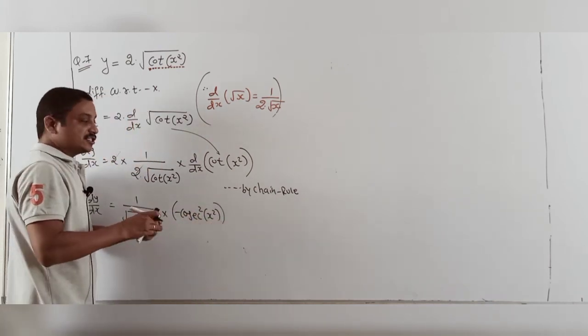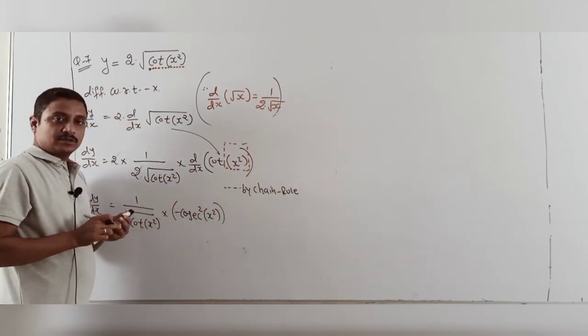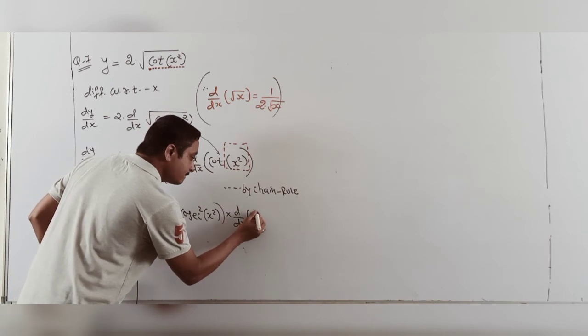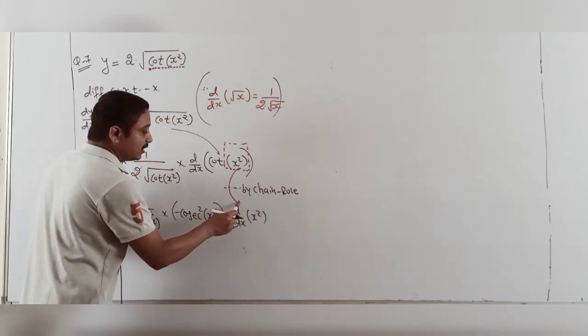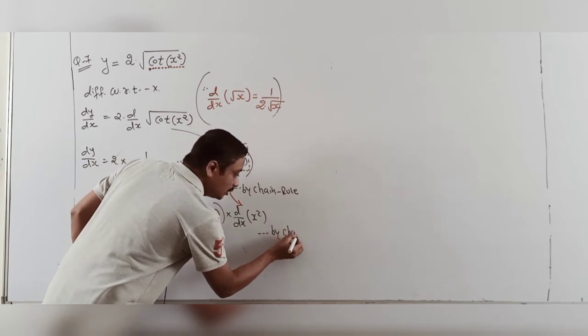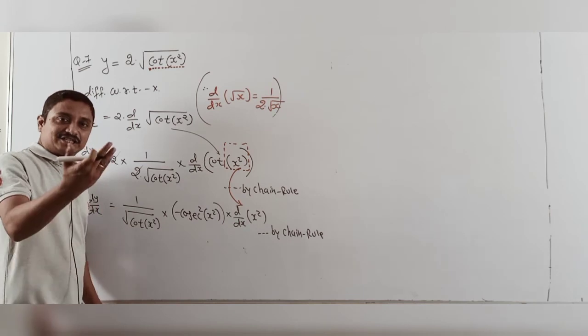This x square you consider as your angle. So the remaining is d/dx of x square. This x square I follow in the further steps by the chain rule. Now the x square derivative is known, students, x raised to n.